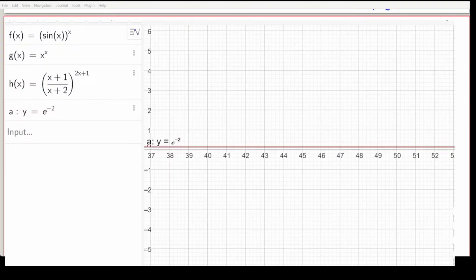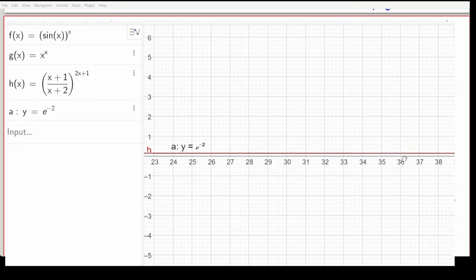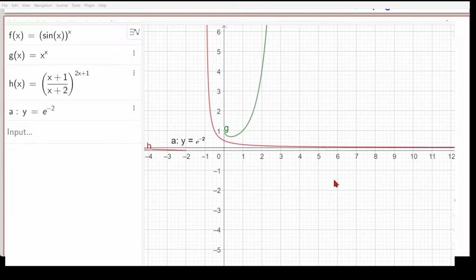This red graph started above the line, and this black line is actually becoming a tangent to this red graph. What does this mean? This graph is approaching this value, but it is never crossing this value.